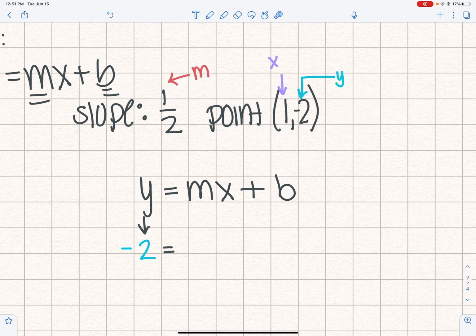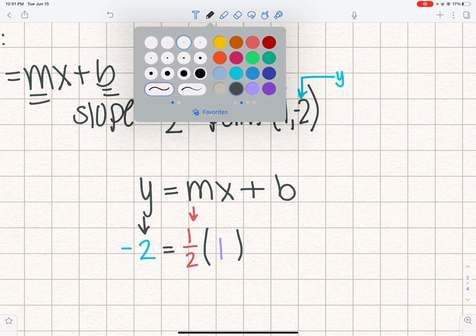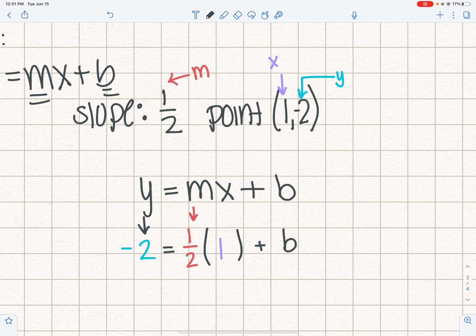Well, m I have right here as 1/2. X I have is 1. And then plus b, which I don't know. Now I can solve this thing for b. So I have one variable, can solve that.